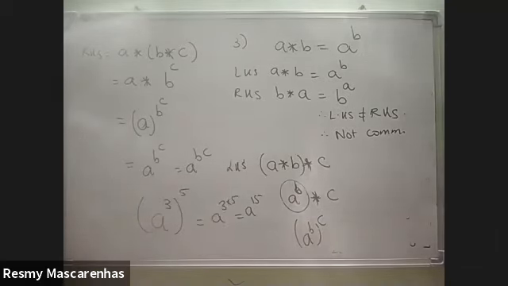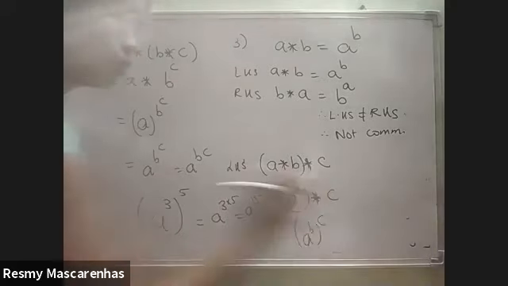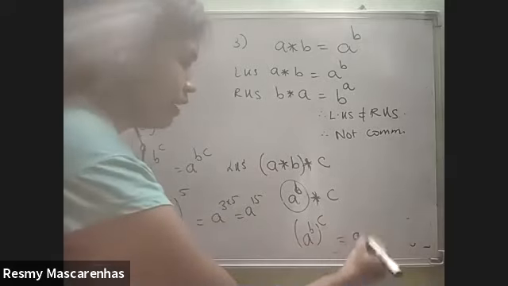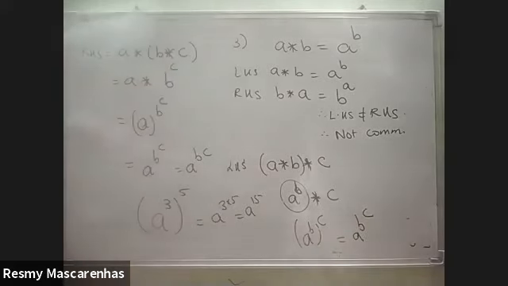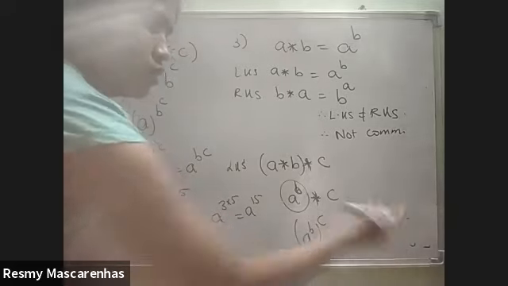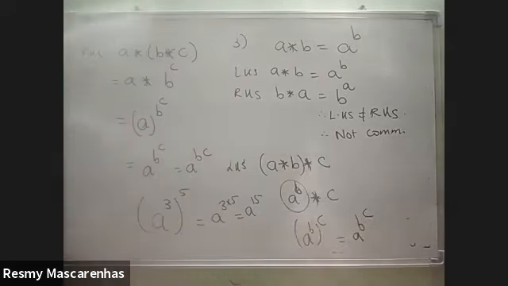This is as per the rules. If you don't want to go into rules, keep it like this only. So in short, it is nothing but A raised to B raised to C. Either if you write BC also, no problem, or you can keep it like that only.